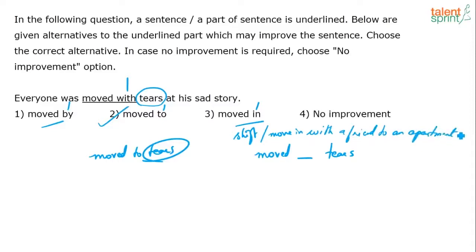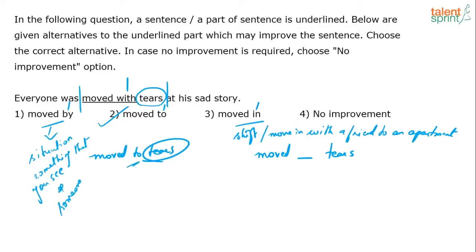My friend and I decided to stay together, live together. Moved by, you see something, a situation moves you, right? You are moved by something that you see or someone, right? But when it comes to tears, the preposition that goes with it is to.